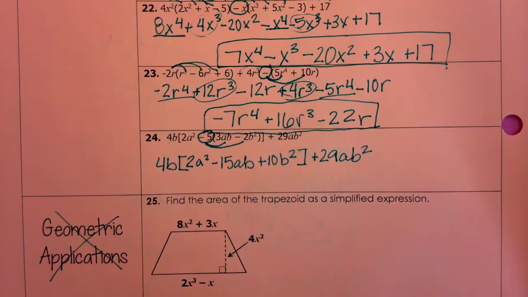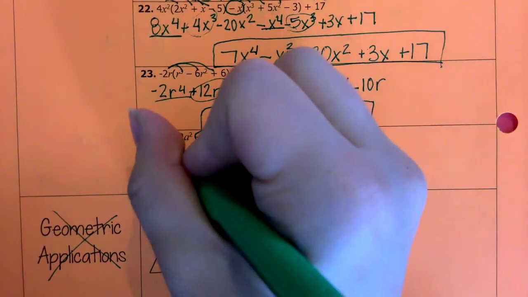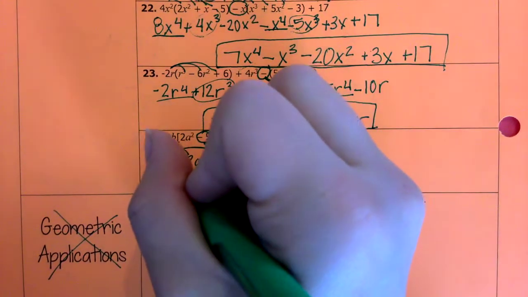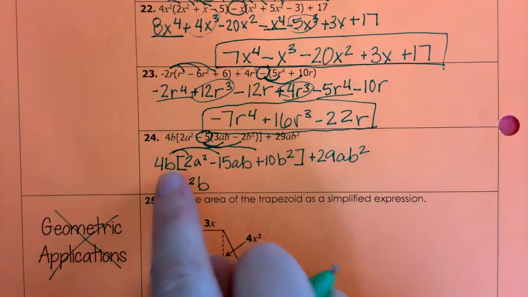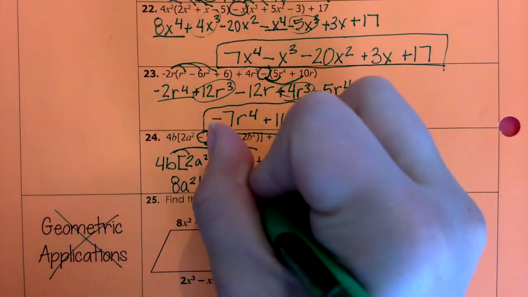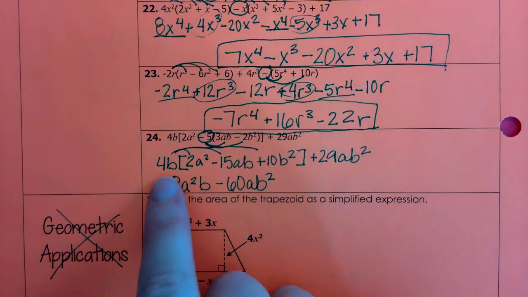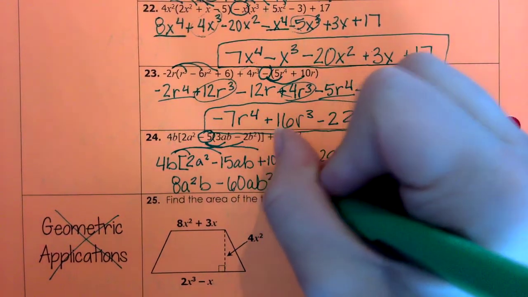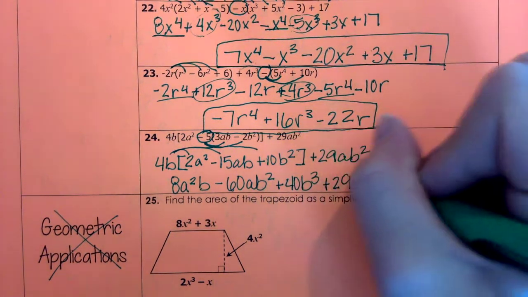Now that I've done those inside parentheses, now I need to work on my outside parentheses, and that's going to get me 4b times 2a squared, so I'm going to get 8a squared b, 4b times negative 15ab, which is going to get me a negative 60ab squared, and then I have 4b times 10b squared, which is going to get me a plus 40b cubed. And that's going to be plus 29ab squared, sorry.